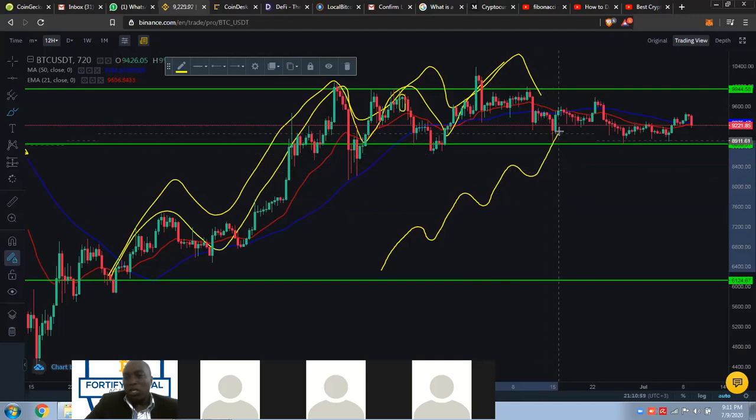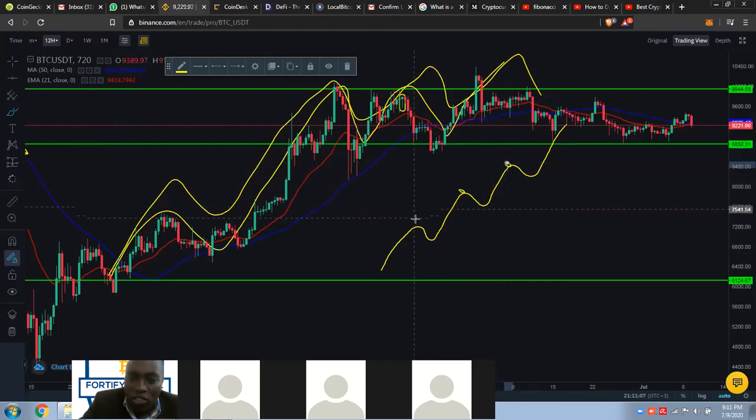So this is an uptrend. These areas are what you call higher highs. You see this high is higher than the previous. Then this high is also higher than the previous.